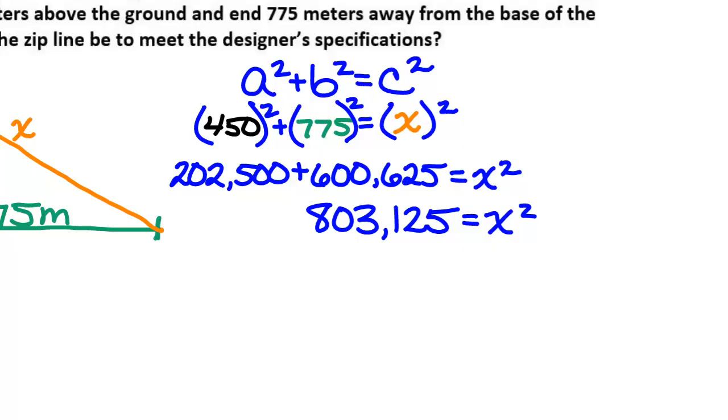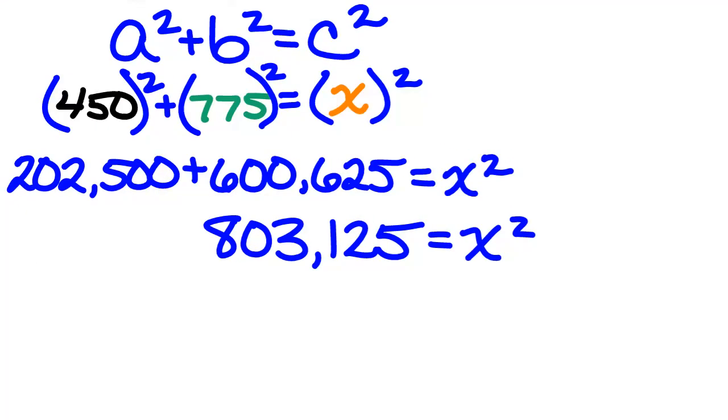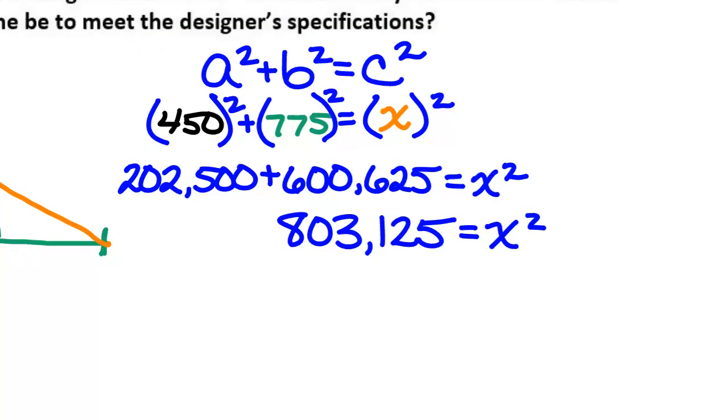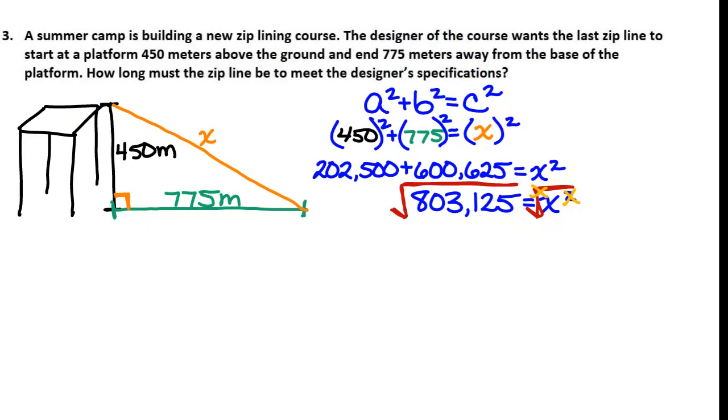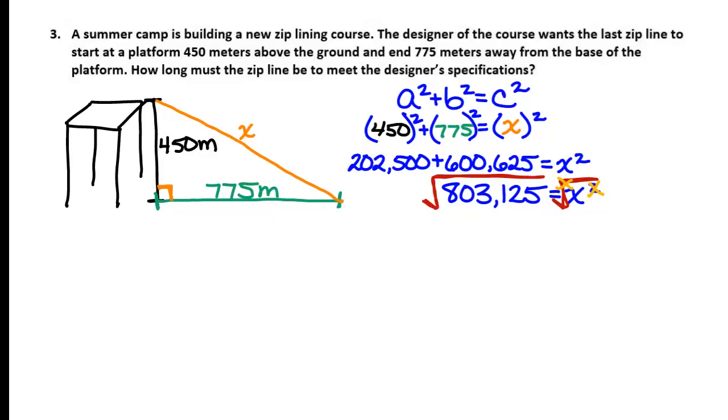I don't want my answer to be squared though, so how do I get rid of the squared on the x? Square root, and if you do it to one side, have to do it to the other side. So over on the right, the squared and the square root cancel each other out. I have the square root of 803,125. Let's see if we can simplify that radical.